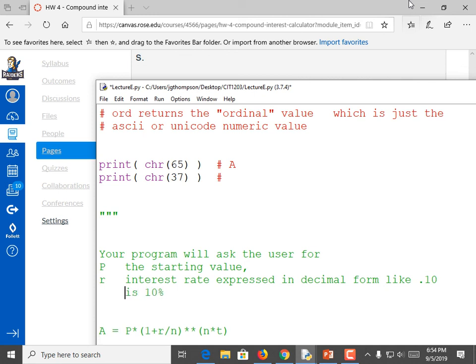Just so that when you're testing it, if you type in 10, be warned that your answer is going to be like in the millions of dollars or whatever, which would be great, but because it means 1,000% interest.